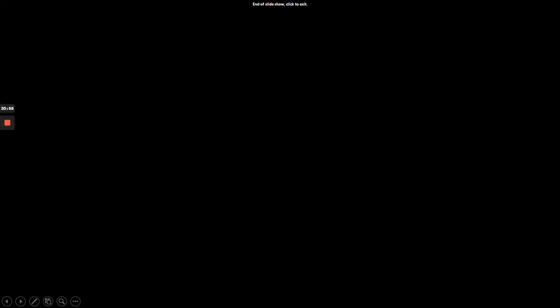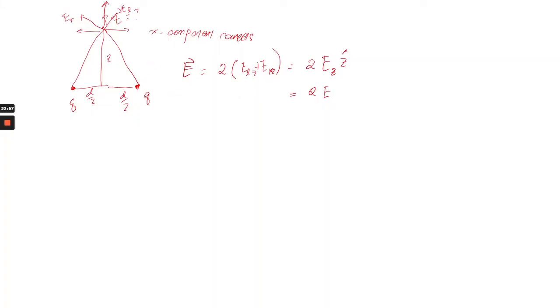Okay, this is your theta. So the z component is the cosine component, right? This is cosine theta.